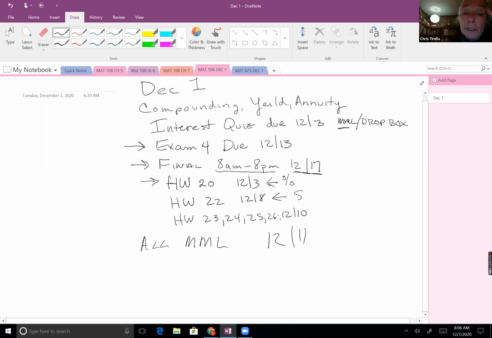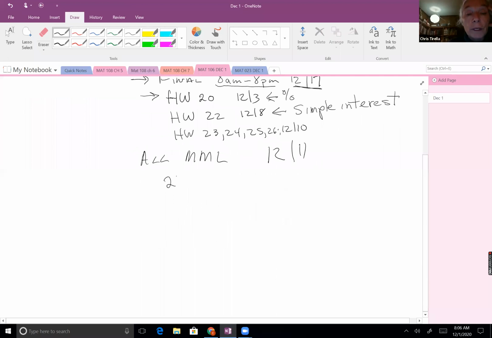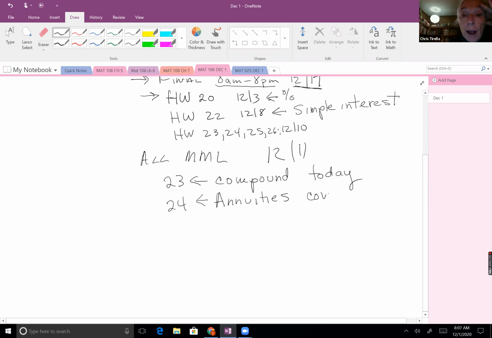Homework 22 is on simple interest. So that again is something that we've done already. You can finish that. Let's list these. Homework 23 is on compound interest, and that's what we're doing today. So after today, you should be able to do that. Homework 24 is on annuities. That one we will cover on Thursday.